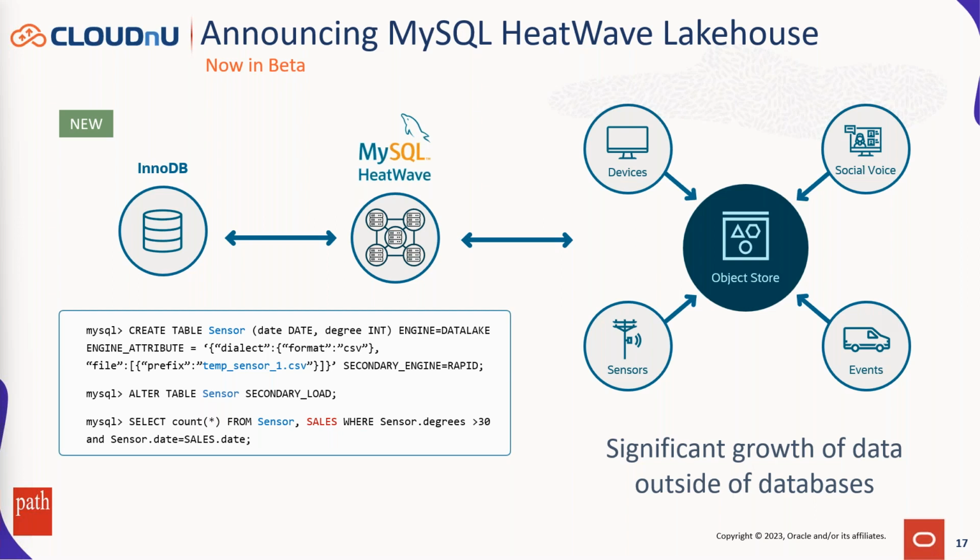So if you have an Excel spreadsheet or some other, like just a plain old CSV file or so on, you can actually sit there with MySQL Heatwave, and from the object store, it will query it as if it was in your database. And here's the best part. You can merge those data together so you can get the information that you're really looking for. And guess what? Because you have machine learning in there, you can grab that data and do machine learning work for your clients.